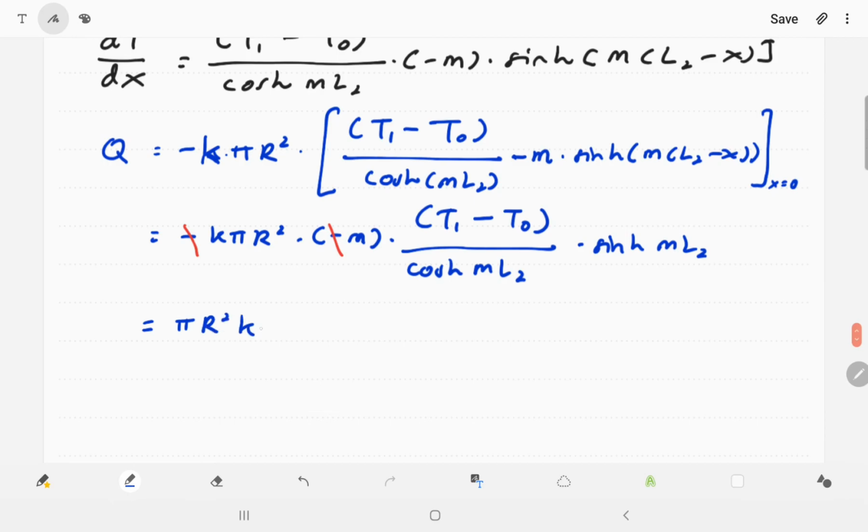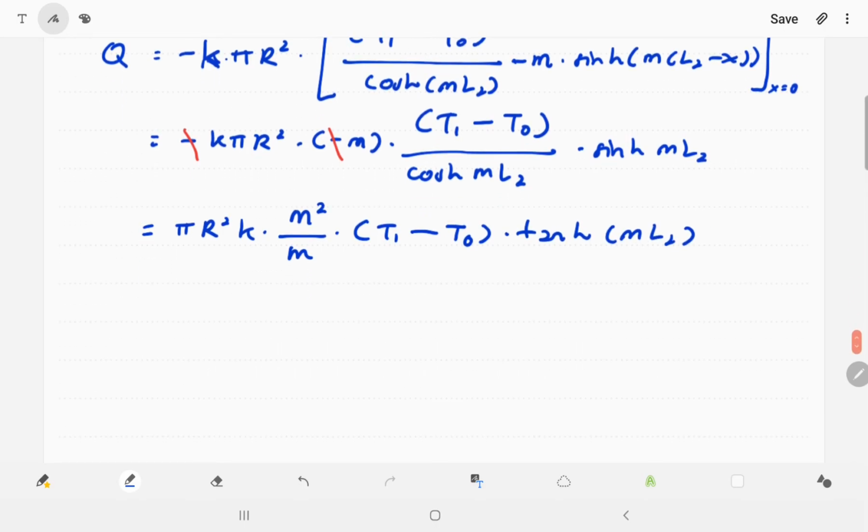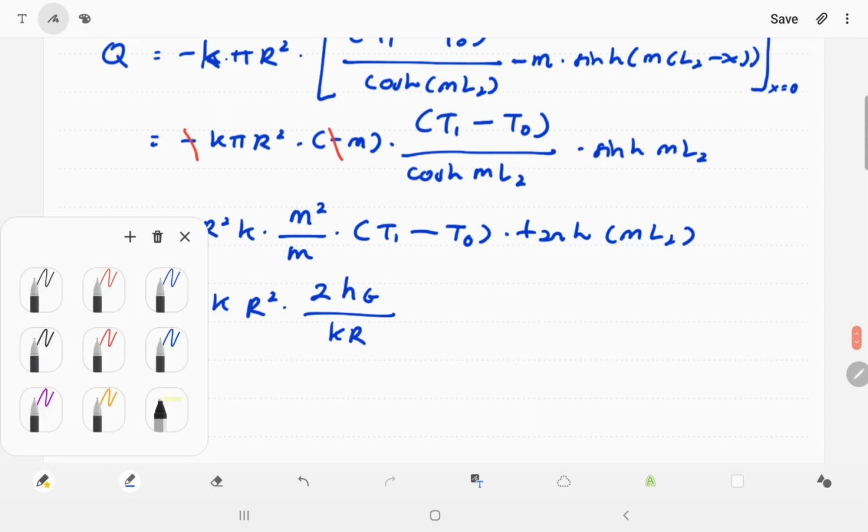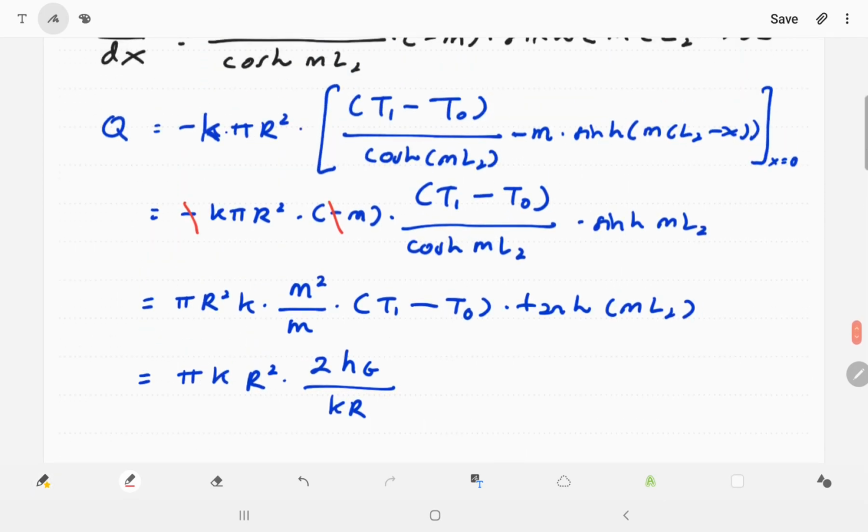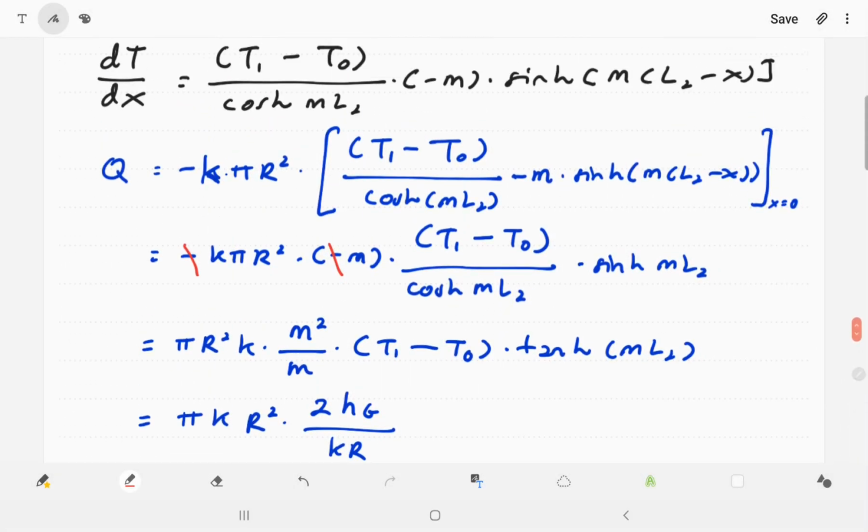Pi r square k m square divided by m, (T1 minus T0) tanh mL2. Then continue again with pi k r square times 2hg divided by kr, because you need to remember what we define M as.